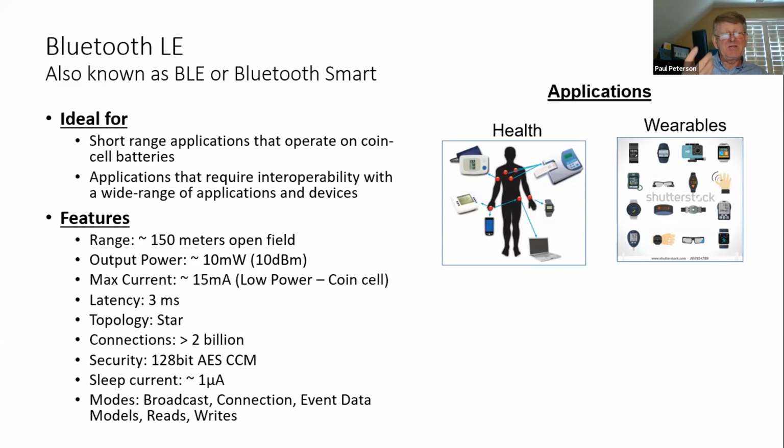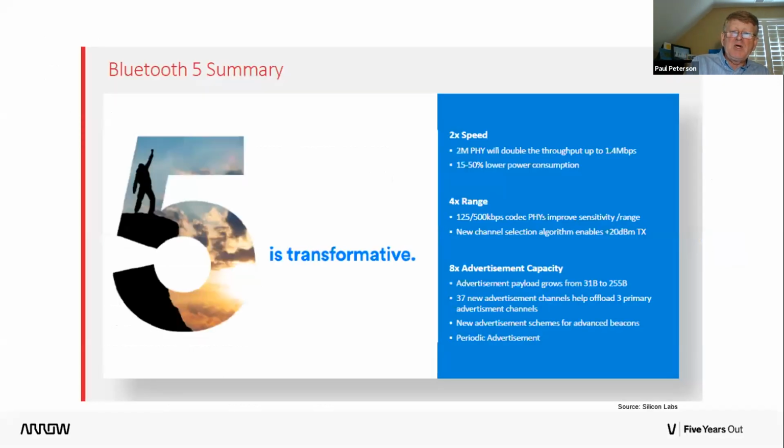We can take a Bluetooth device that does not speak IP itself, and use our smartphone to take that data, turn it into IP data, and send it to the cloud via either cellular or Wi-Fi.